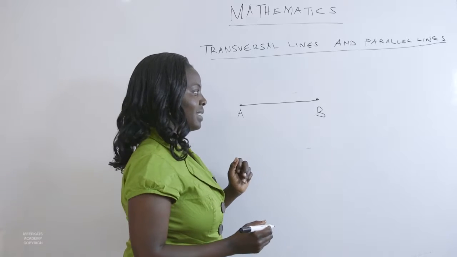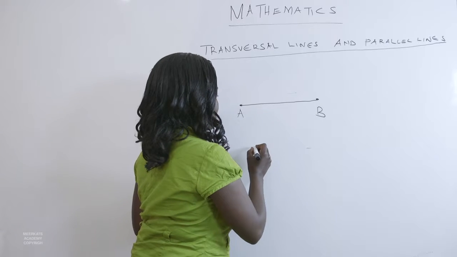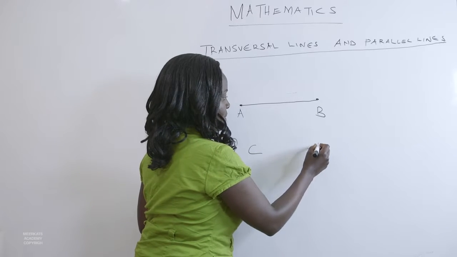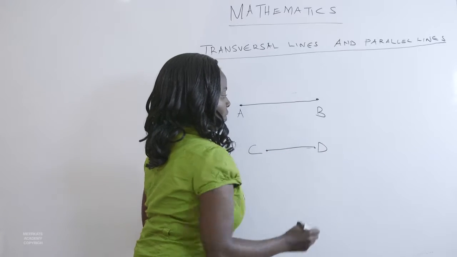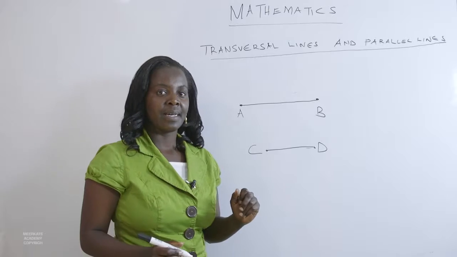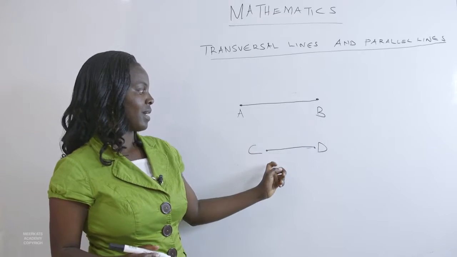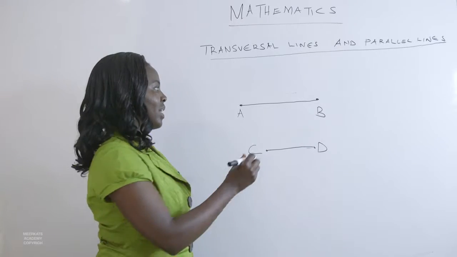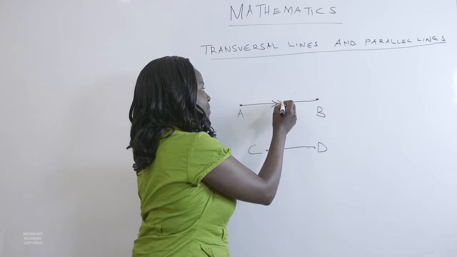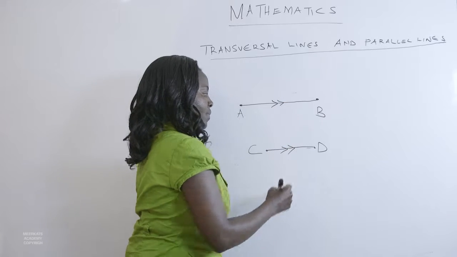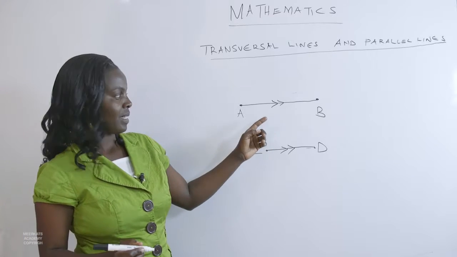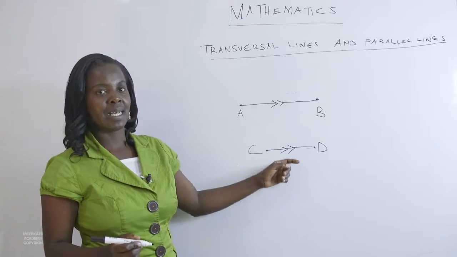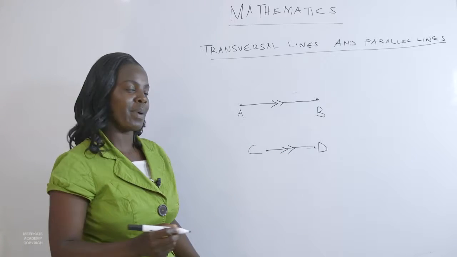If we have 2 lines, we have line AB and line CD. Then these 2 lines do not intersect. They do not meet. If these 2 lines do not meet, then we say that they are parallel.